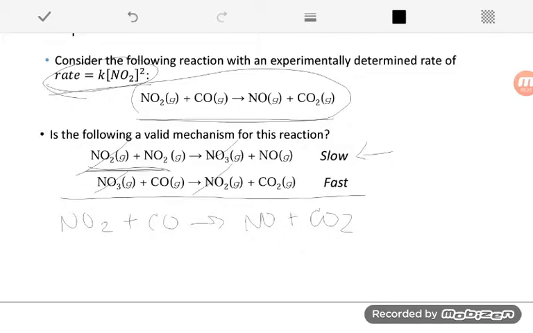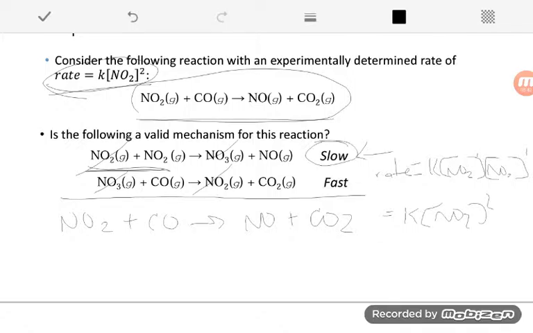So we say, okay, according to the slow step, my rate should be k, and then NO2, and there's no coefficient, so just raise to the power of 1, times NO2 raised to the power of 1. And of course, since those are the same, we can simplify this to be k NO2 squared.